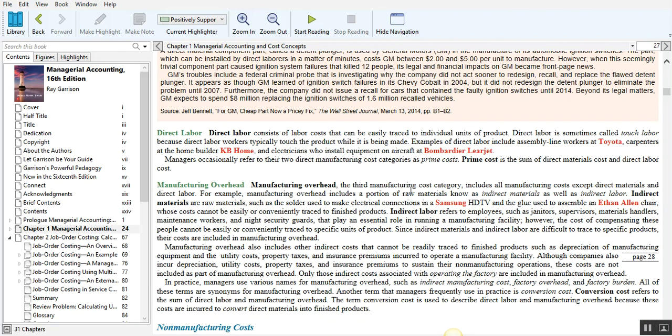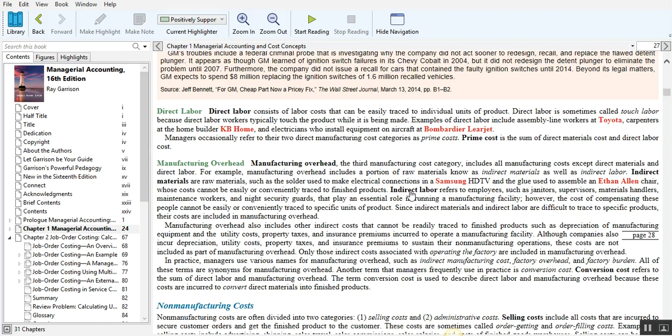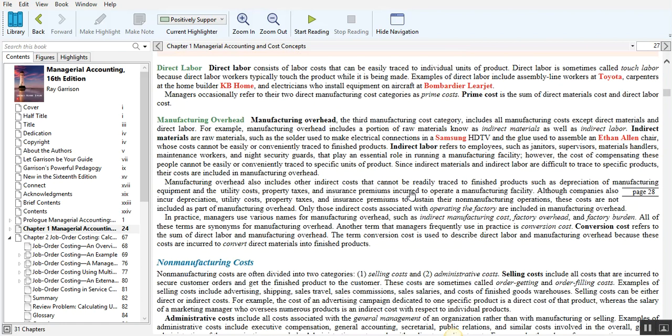Manufacturing overhead is a manufacturing cost. This is not a cost of administration, but a cost directly associated with the manufacturing itself. Perhaps it's other equipment in the factory that does not get used specifically for one product. It may be used for many products.